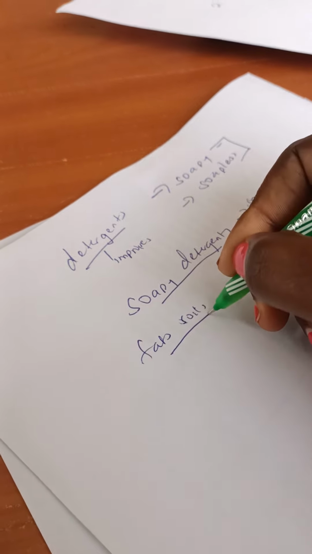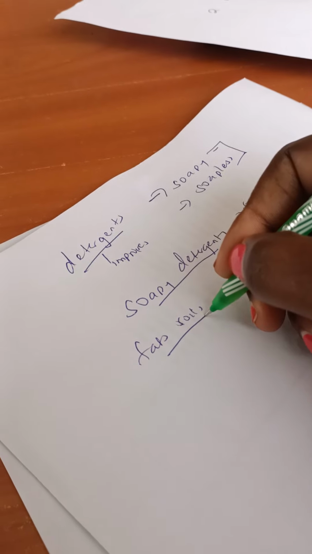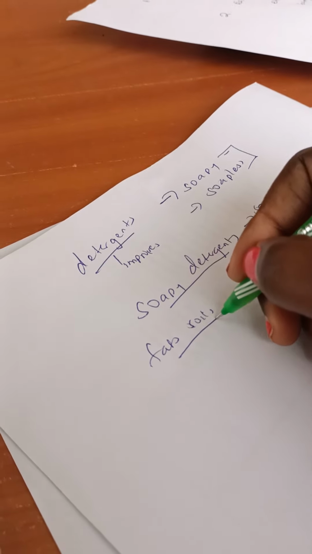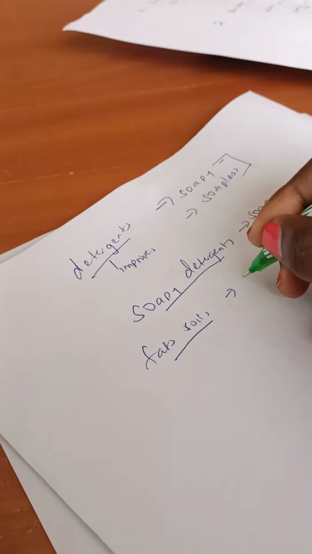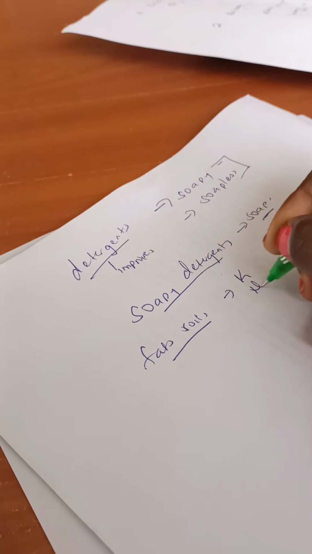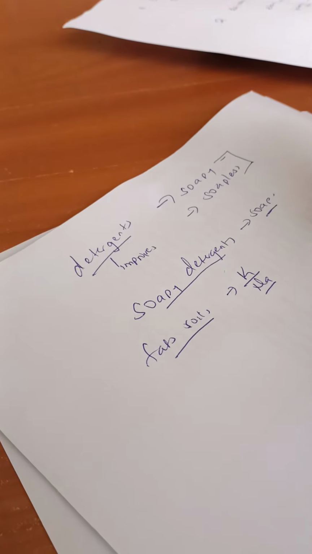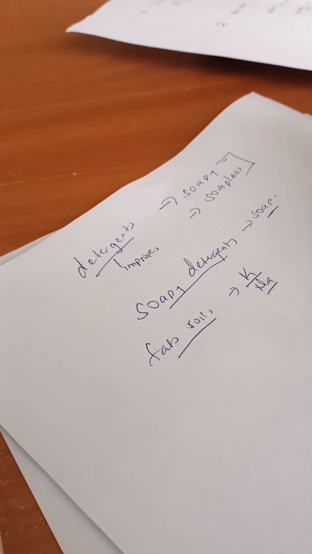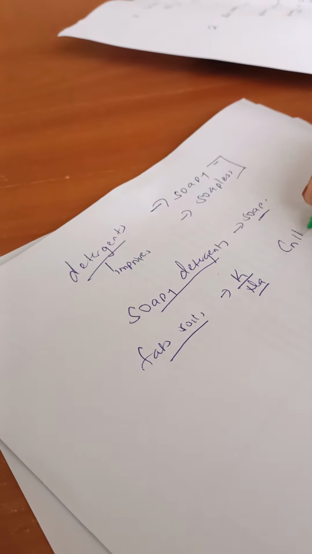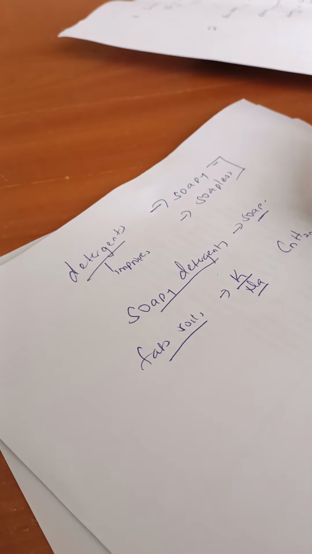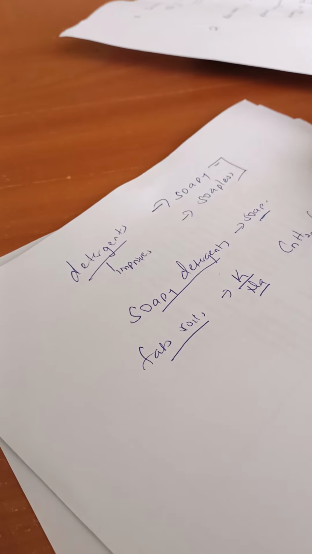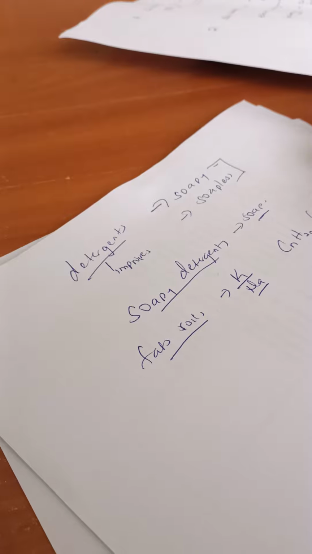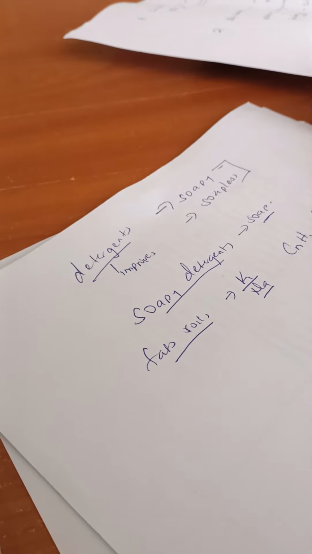So we get soaps from fats and oils, and it is a salt of sodium or potassium, with a general formula of CnH2n+1COO replaced by sodium or potassium.